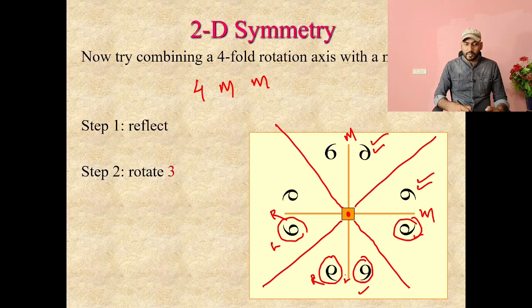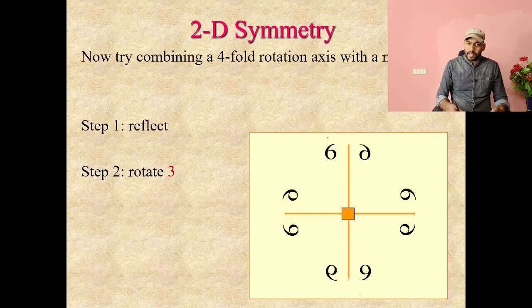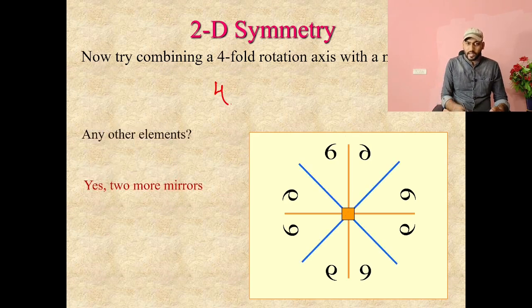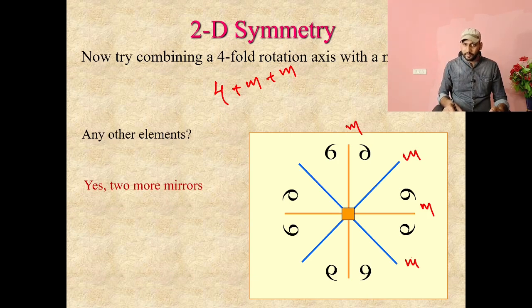Okay. So we started with one single fourfold rotation axis and one mirror plane. We started with 4 plus m, but it resulted in another m here and here, 2 mirror planes.